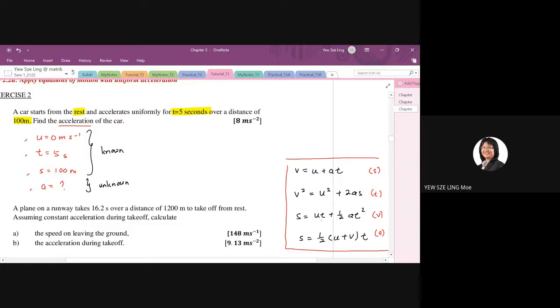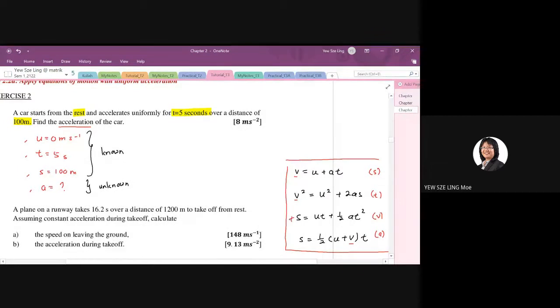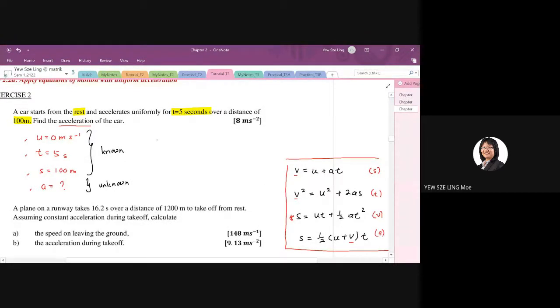When you look at the 4 equations, 3 out of 4 have v: equations 1, 2 and 4. So obviously they are not our choice because they have v and we don't have any information about v. We don't want to find v. So the correct equation to be used in this question is equation number 3. So we are going to use s equals ut plus 1 over 2 at squared.